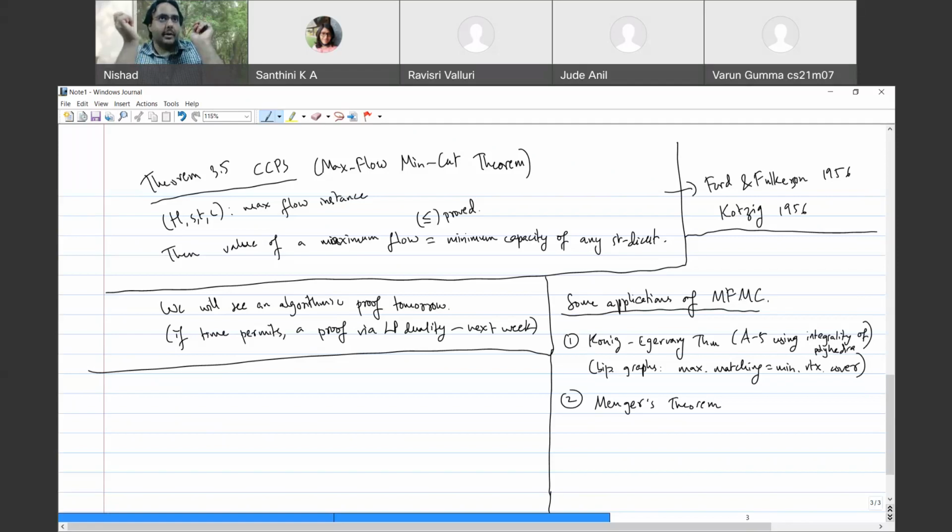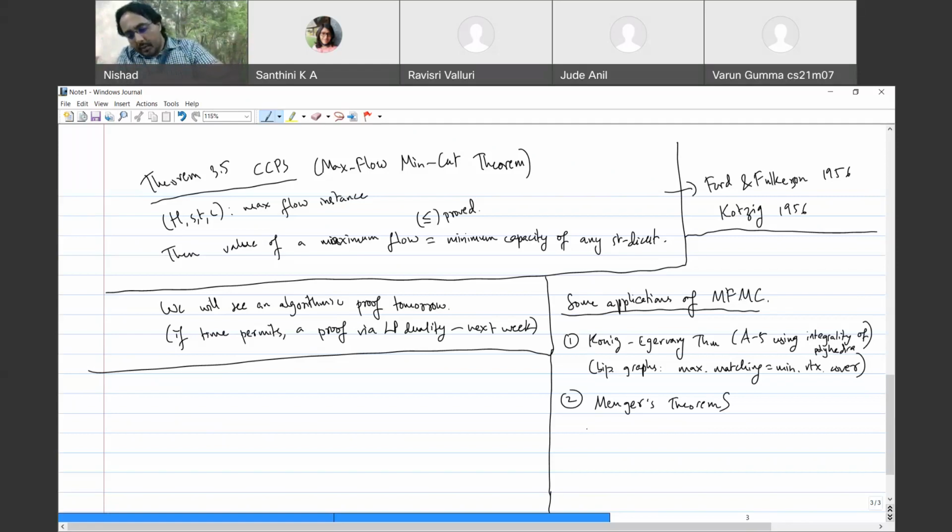Which cut you are referring to depends on what definition of disjoint you are using. You can say vertex disjoint paths, or edge disjoint paths, or arc disjoint paths, and so on. So there are lots of different Menger's theorems, and all of these can be proved as applications of MaxFlowMinCut.